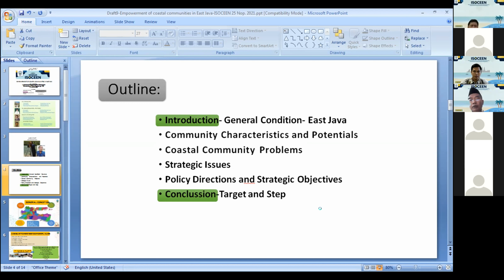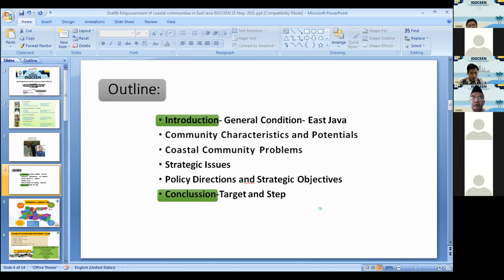And I want to show the beach length is around 3.5 thousand kilometers. It's very long. The number of islands is 427 islands. Many. I think it is so many islands in Indonesia.